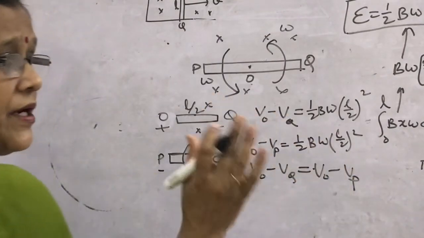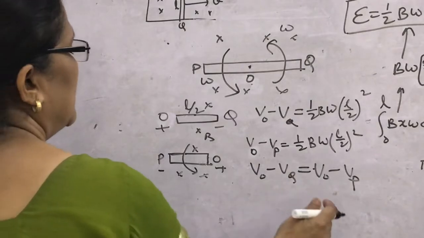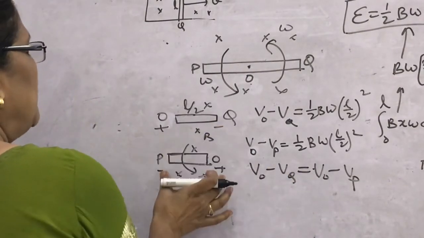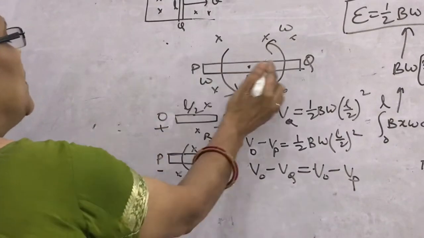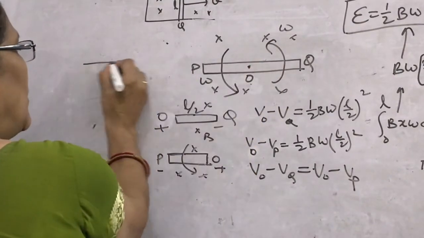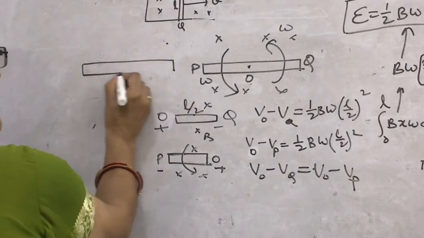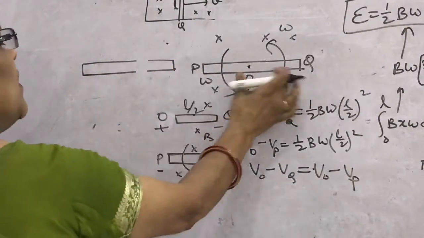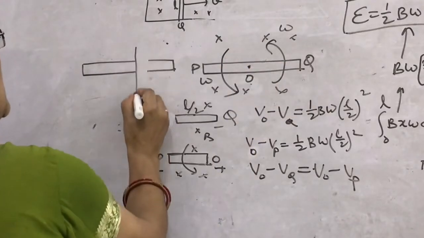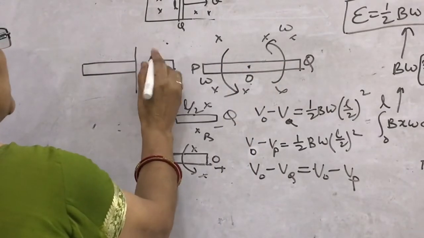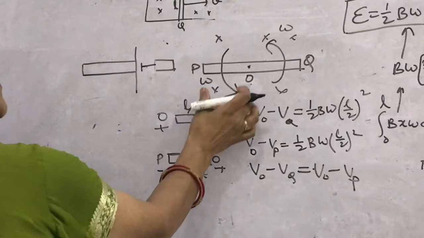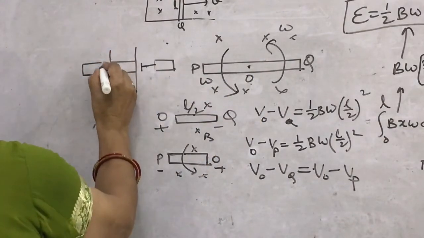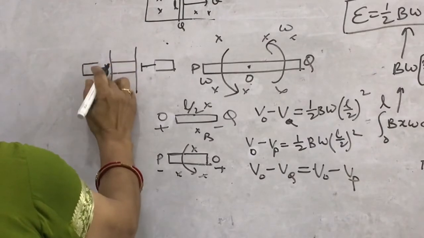And the important point you come to know here is that this rod can be shown equivalent to a cell having O as the positive terminal and Q as the negative terminal, and for PO again you can find that O is the positive terminal and P is the negative terminal.